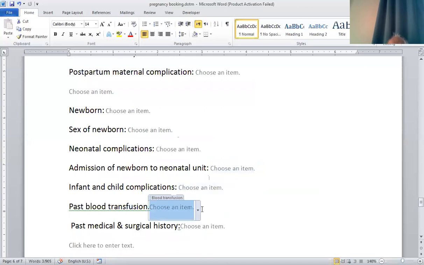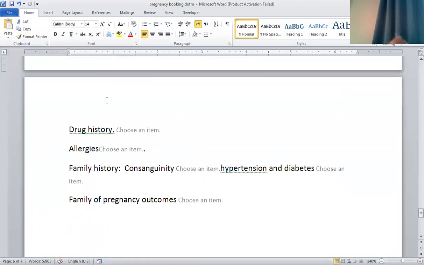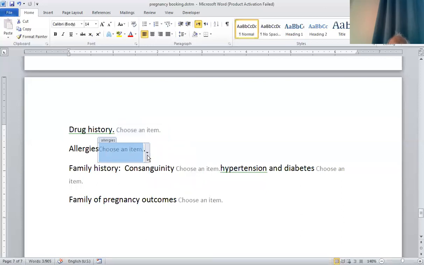We will ask about blood transfusion. We will ask about medical history and surgical history, whether she has had any operations or not. We will ask about drug history: is she receiving drugs for diabetes, hypertension, renal disease, or heart disease. If she has any allergy, such as aspirin allergy or drug allergy.